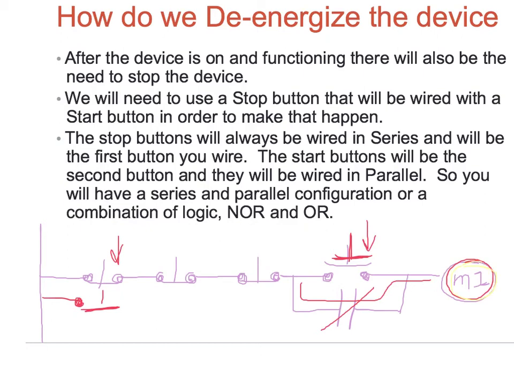So this de-energizes, and now this path right here has been eliminated, and I'm back in business again. I've got a new open contact, and so now my status is reset, and I'm going to begin over as soon as I act on my start button again.